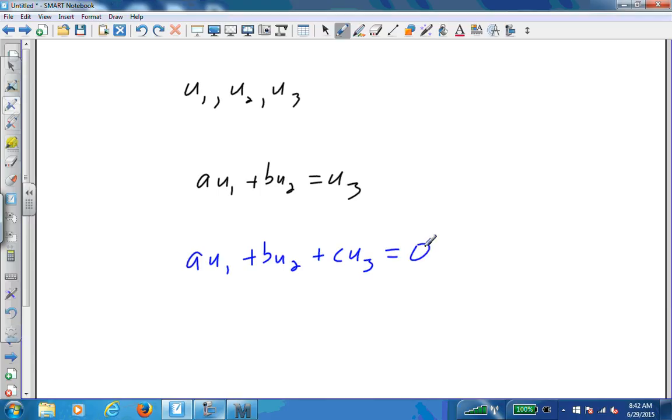That would leave us 0 on the other side. So let's go back and think about this again. So if there is no solution, then they're independent.